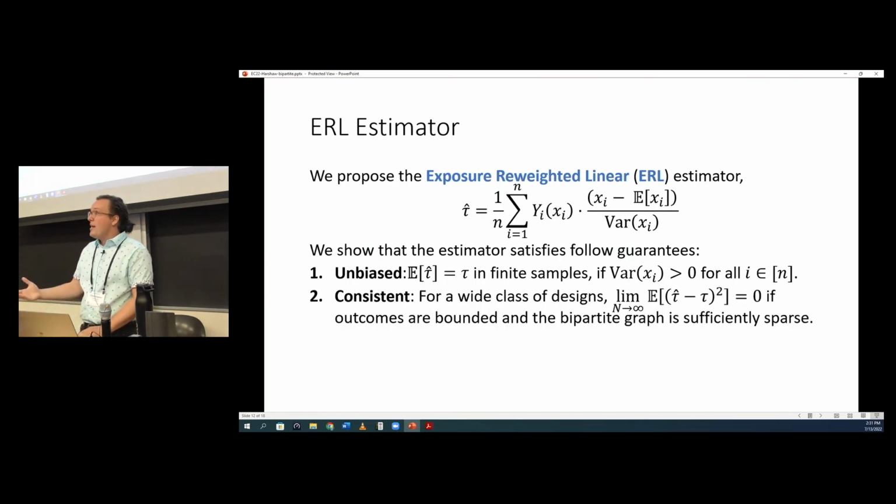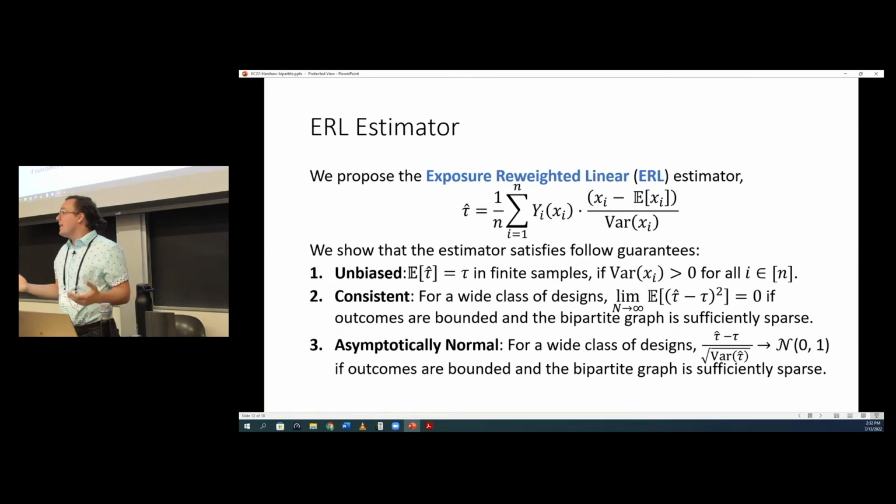And for a wide class of designs, these cluster-based designs, we show that this estimator is consistent in mean square error if the outcomes are bounded, they can't grow large, and the graph has to be sufficiently sparse. If everyone's connected to everyone, then everyone's outcome depends on everyone's, and you can't handle that. So we have some conditions there in the paper.